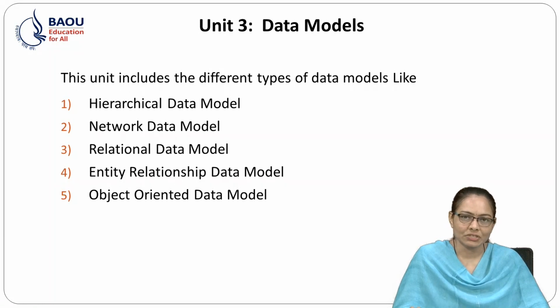In the previous session of Unit 3 in Block 1, we have already discussed three data models, that is hierarchical data model, network data model, and relational data model. Today, we will discuss the remaining data models of Unit 3 in Block 1, that is entity relationship data model and object oriented data model, and a comparison between all these models.